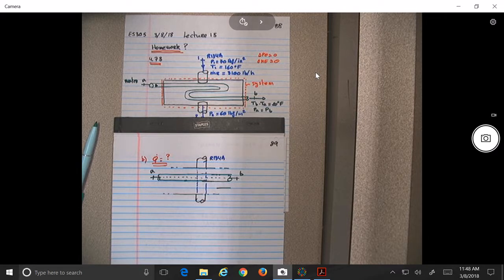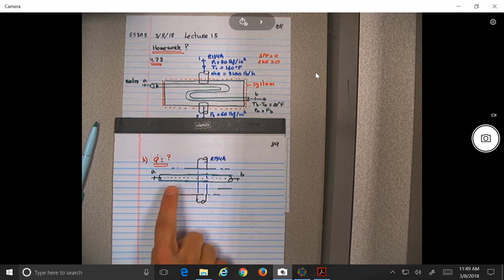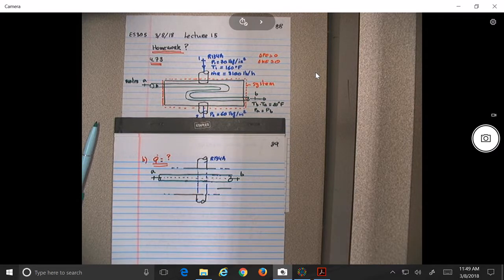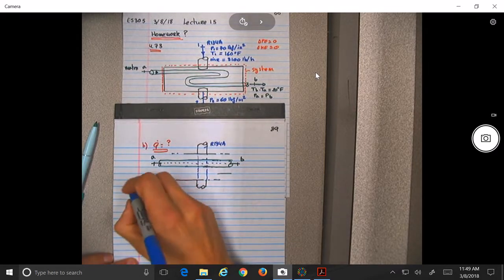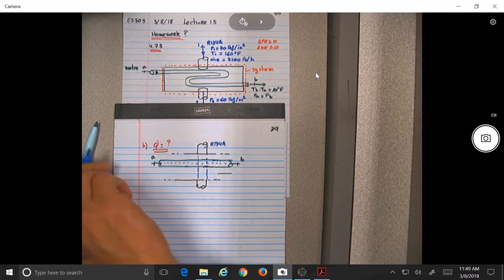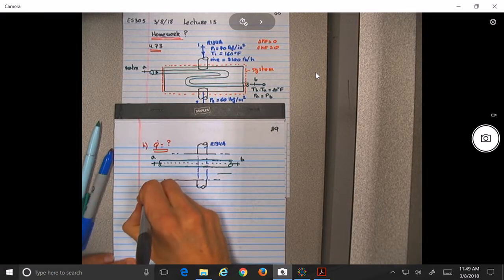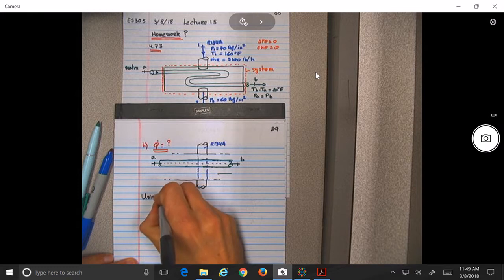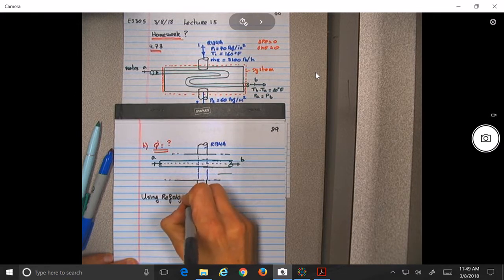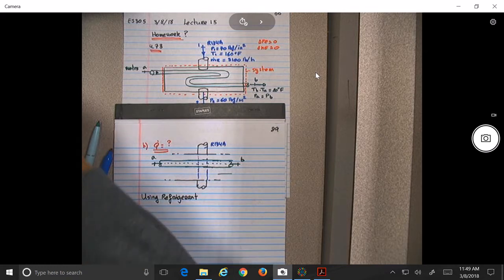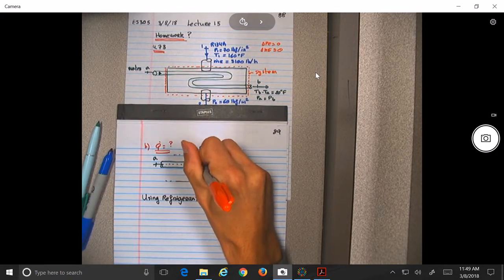So here we can look at it in either way. Do we want to find Q from the water, the green, or do we want to find Q from the blue, which is the refrigerant? So we want to do, okay, so if we use the refrigerant, then what will be our system?